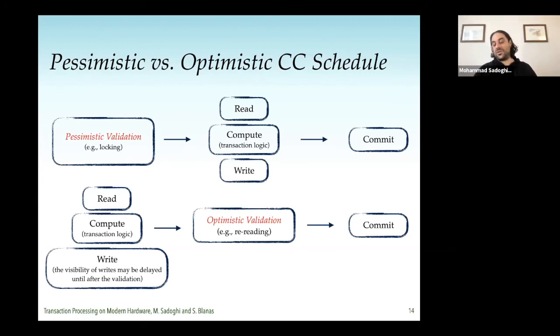So the optimistic validation needs some mechanism, often some form of locking. It might not be that I'm locking every single record, but I may get, for example, a single timestamp. Before I enter validation, I'm going to ask, what is the time right now, just as an example?